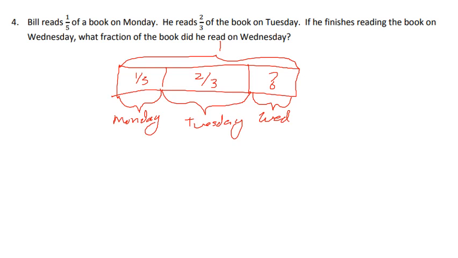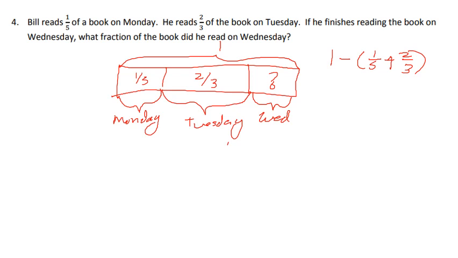So if you look at here, I know I can take the whole book minus 1/5 plus 2/3. Because if I add these two together and subtract it from the whole, it's going to give me what they read on Wednesday.